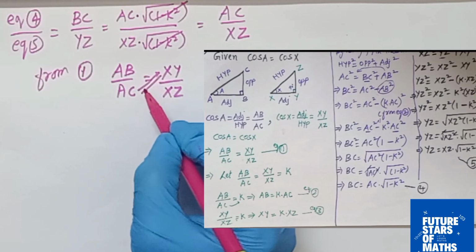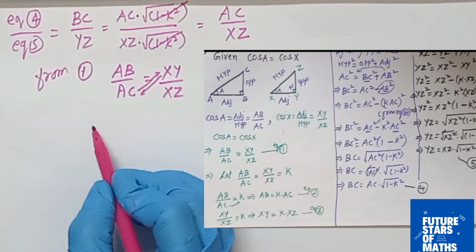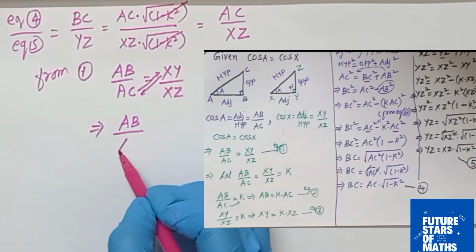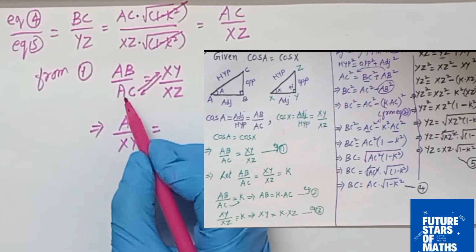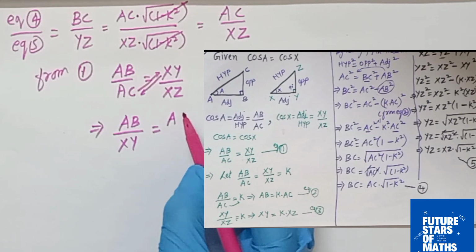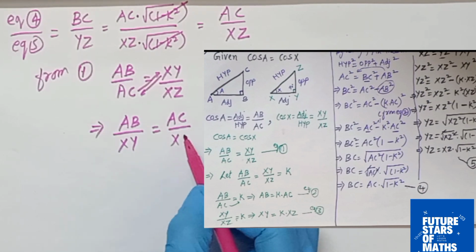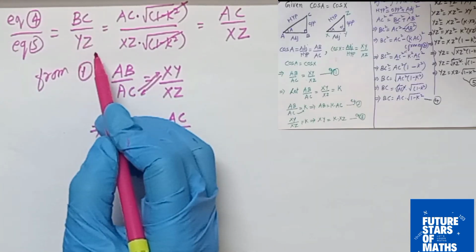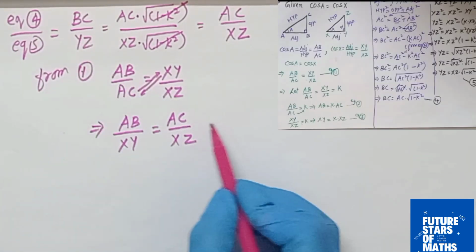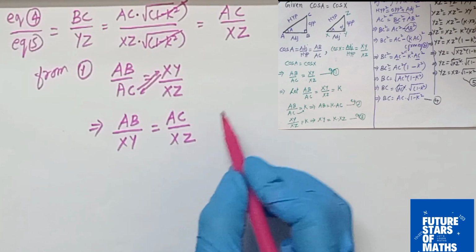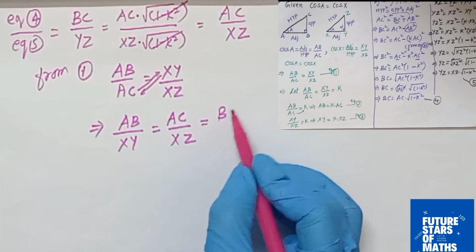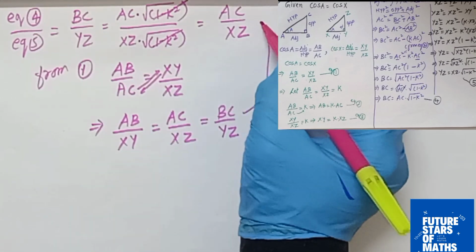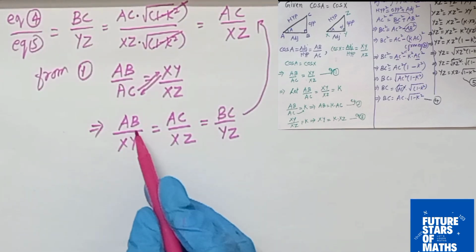So AB by XY is equal to, with this AC shifted here, AC by XZ. But we got AC by XZ as BC by YZ. So we can write that it is equal to BC by YZ from here.